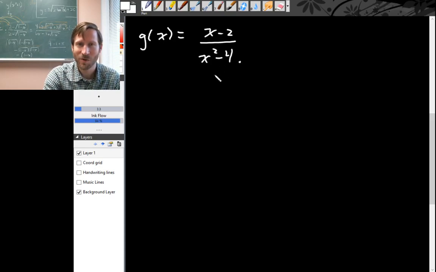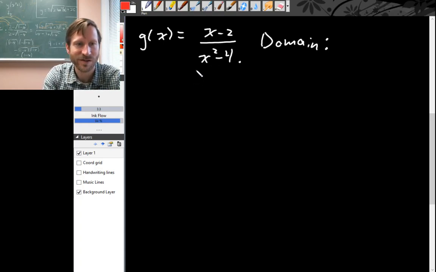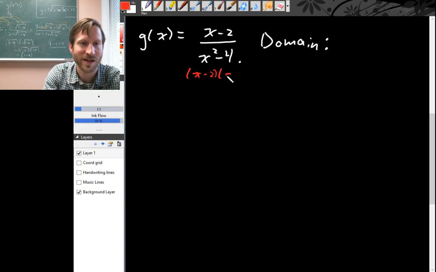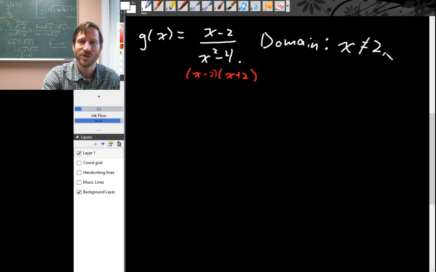Now before we start working with this, let's make a note of what the domain of this function is. Because the denominator factors as x minus 2 times x plus 2, we can't let x be 2 or minus 2, because that would mean we're dividing by 0. So the domain is x values besides 2 and minus 2.